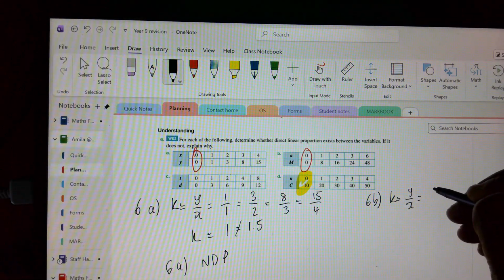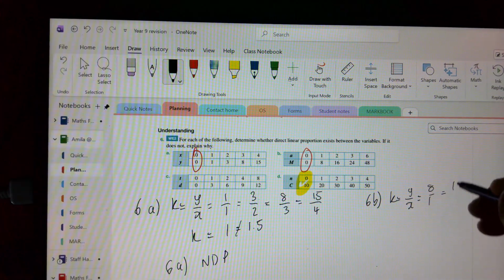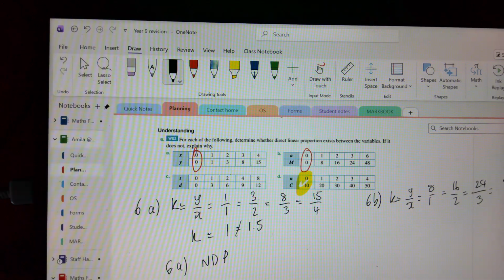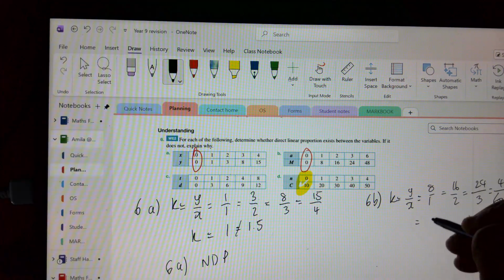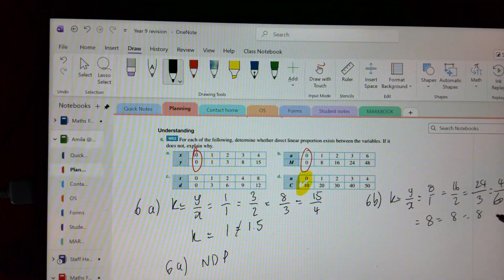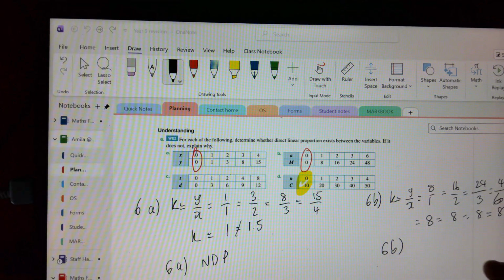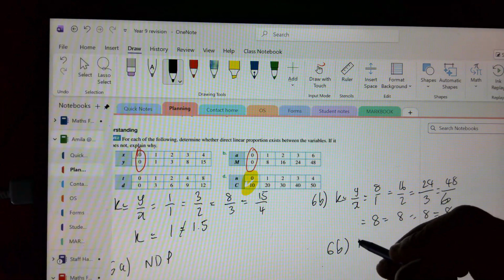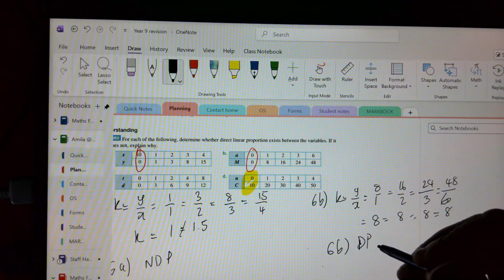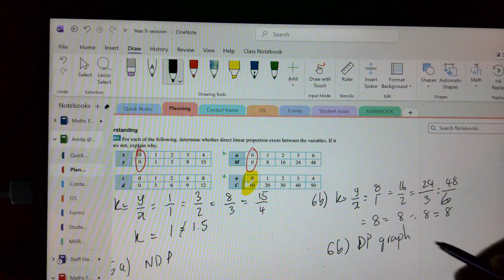So for B, I'm going to do 8 divided by 1, 16 divided by 2, 24 divided by 3, 48 divided by 6. And I know from my times table that all of these equal 8, therefore 6b is a direct proportional graph.